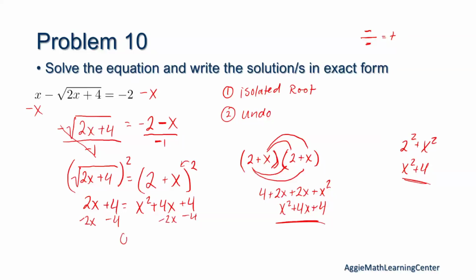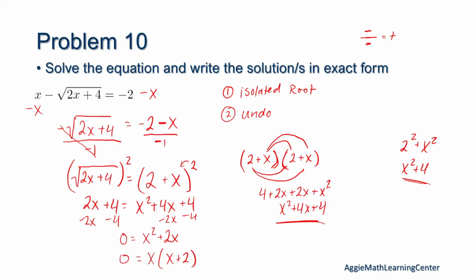So we've got 0 equals x squared plus 2x. With this zero factor property, we've gotten everything on one side with a 0. Now we're going to factor that. What can we factor out of this? We can factor out x: x times x plus 2.